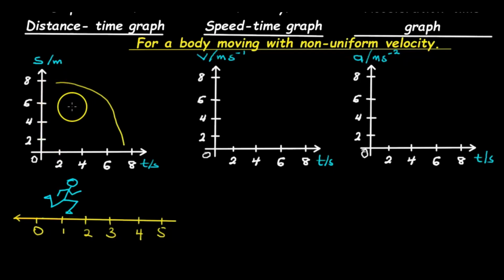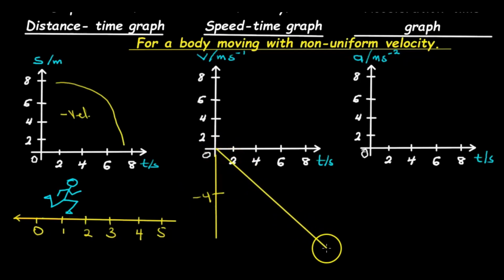Now if that happens, it means that we are going to get a negative velocity. A negative velocity means that we are going to have our graph at the negative side of our plane. So if you plot these graphs, you get the graph looking something like this. This can also give you a velocity-time graph which also looks like this, though in the positive region, but this will give you a negative slope.